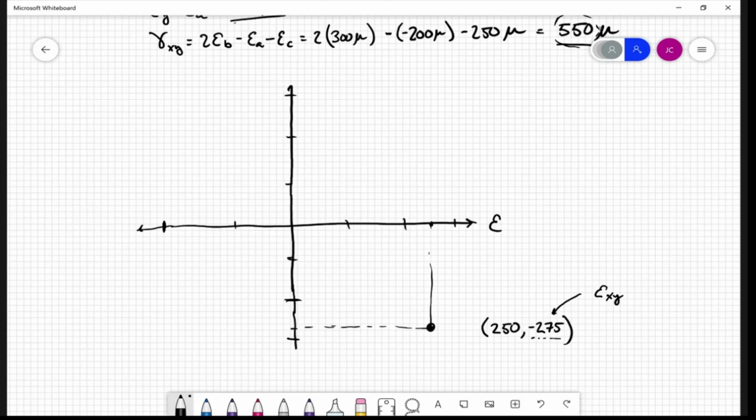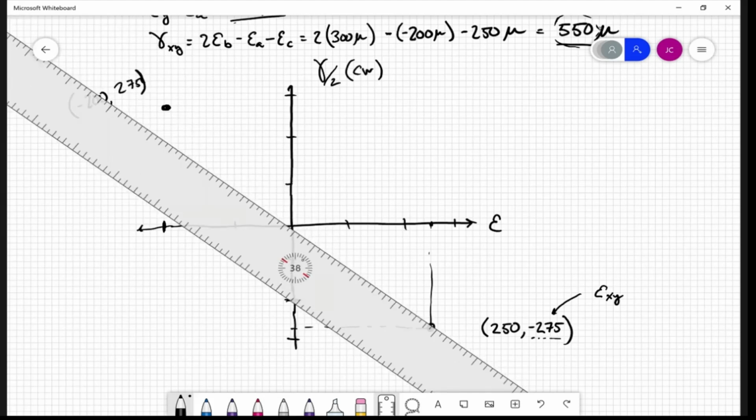So it puts us about 275. So that puts us right about here, okay? So again, this is gamma over 2, and that is clockwise positive. So this point here is going to be minus 200, positive 275, okay? That's that point.